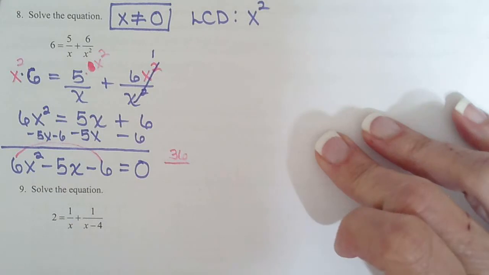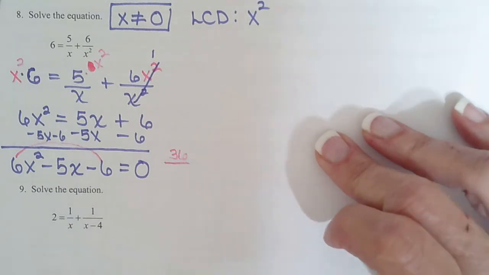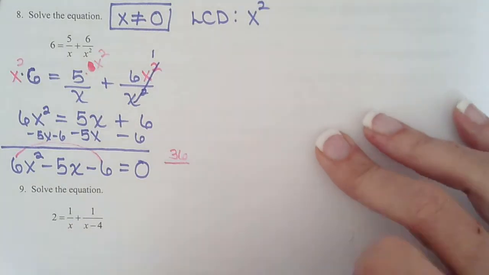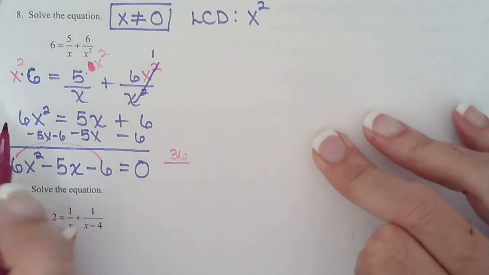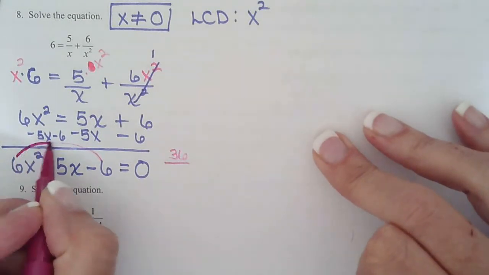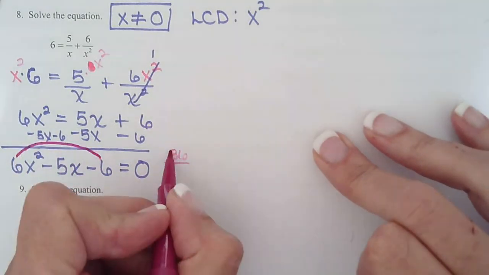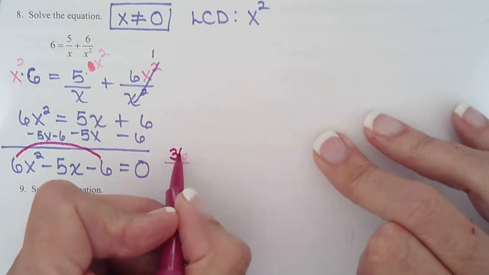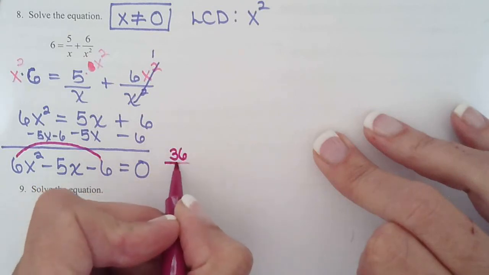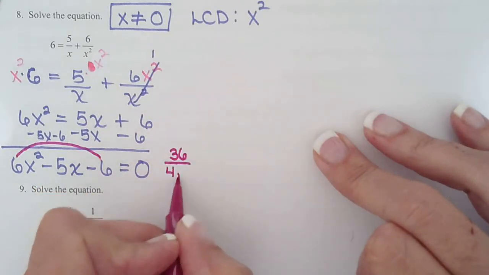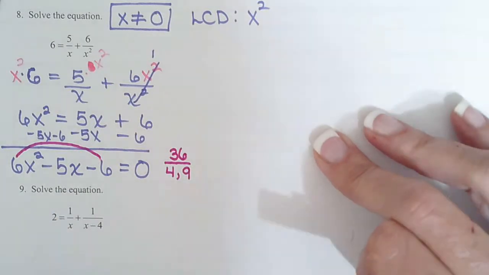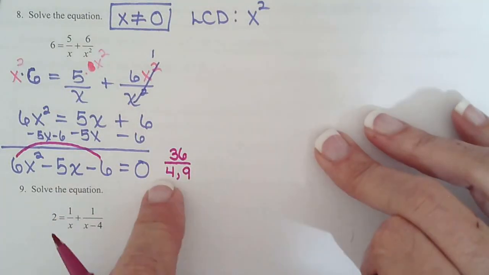Switch colors here. That one's running out. So factors of 36 that subtract to 5. So 1 and 36 doesn't subtract to 5. 2 and 18 doesn't subtract to 5. 3 and 12 doesn't, but 4 and 9 do. So 4 and 9 subtract to 5.